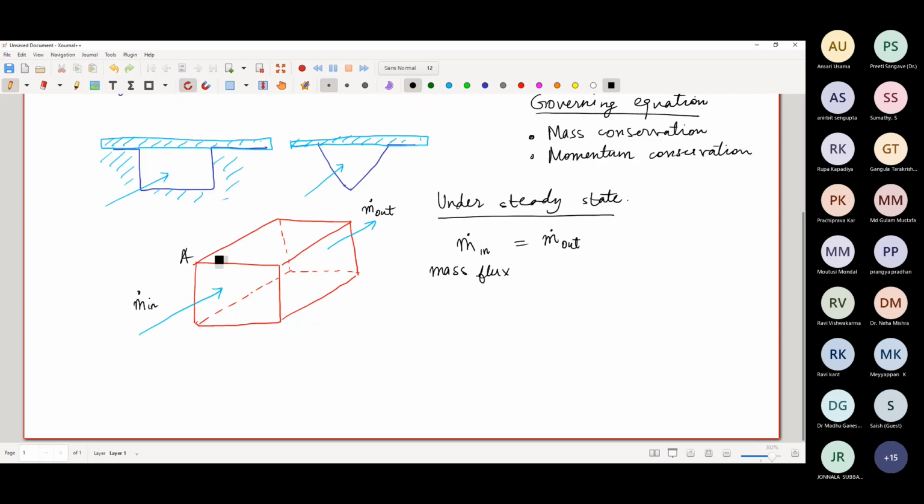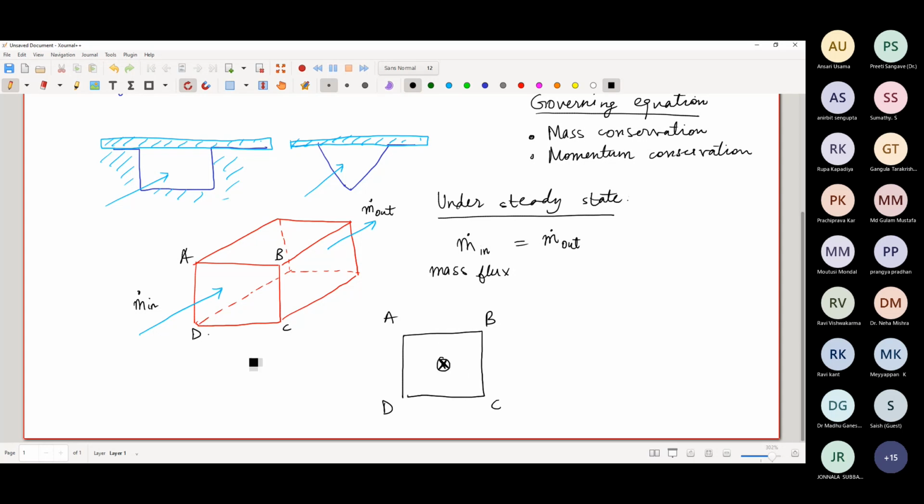So if I consider this face A, B, C, D, if I were to only draw this face A, B, C, D. Now flow is into the paper, so I can draw it like this.